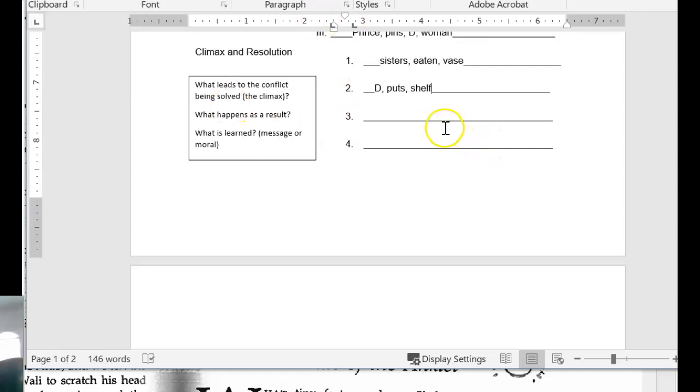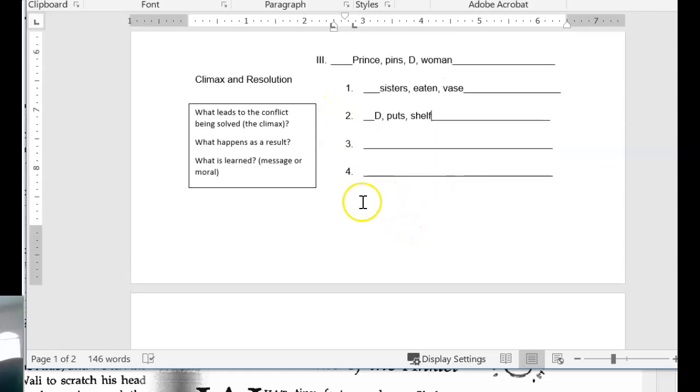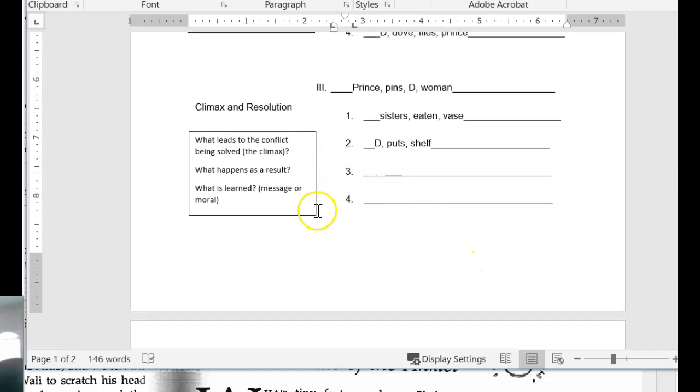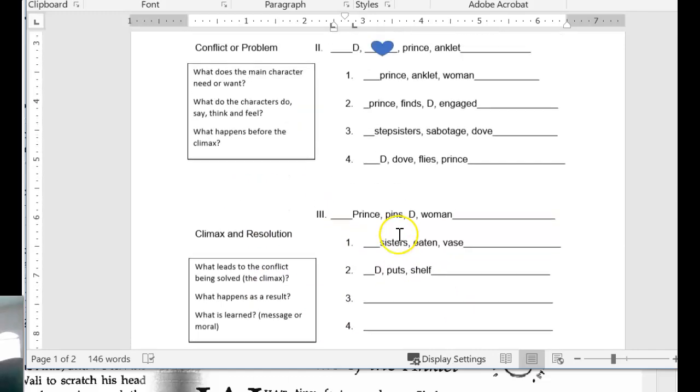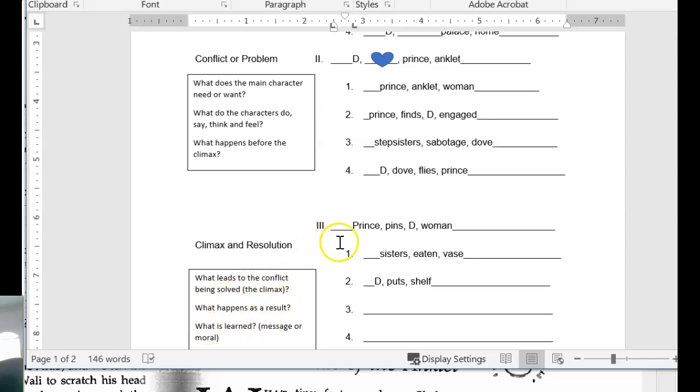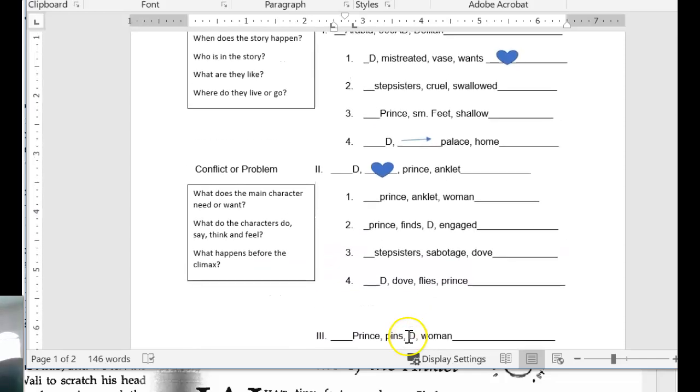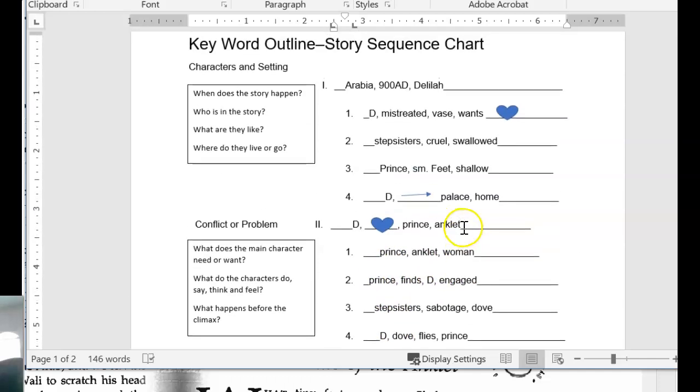And sometimes there's not a ton of stuff on the climax and resolution section, and that's okay. Especially for some of the stories that we will read, that climax and resolution just comes really quickly. That's okay. What I want you to be able to do is to use these questions to guide your keyword outline, and then you're thinking about how those are related, and that you just have 3 words per line.